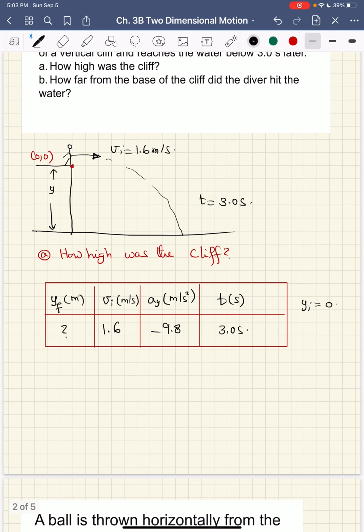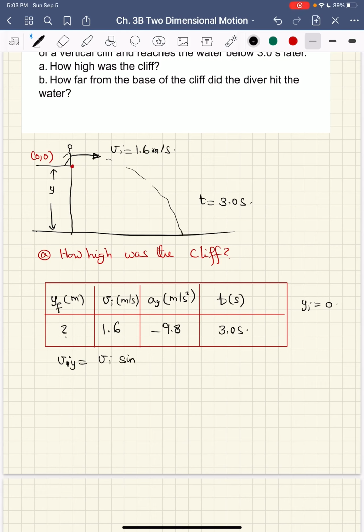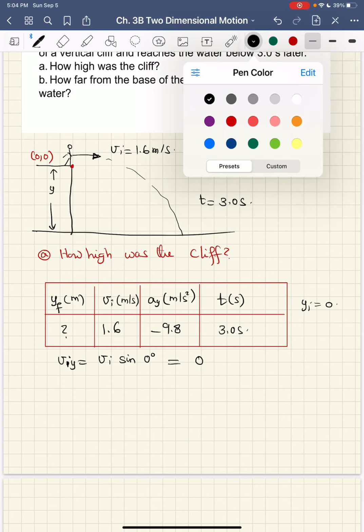I said now here for the velocity we should have an x and y component, but when it is horizontal we are going to find that the VIY is going to be VI sine, and the angle that the velocity is making with the x-axis is 0, then sine 0 is 0. And this is the reason why VIY is 0.